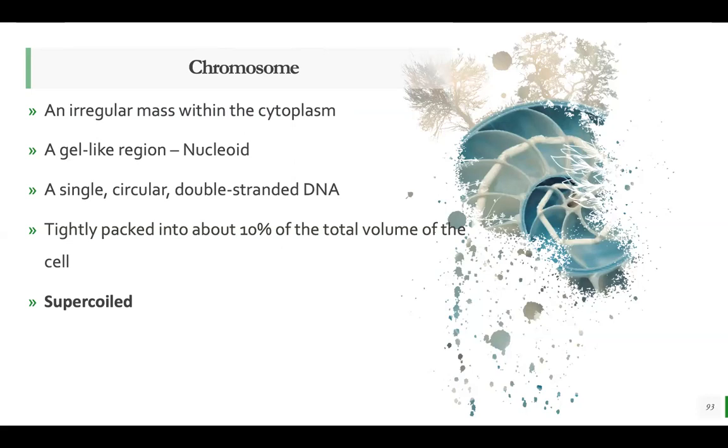Keep in mind this gel-like region in the center of the cell is not enveloped by any membrane. It is just thicker than the other cytoplasm, and this is termed the nucleoid.